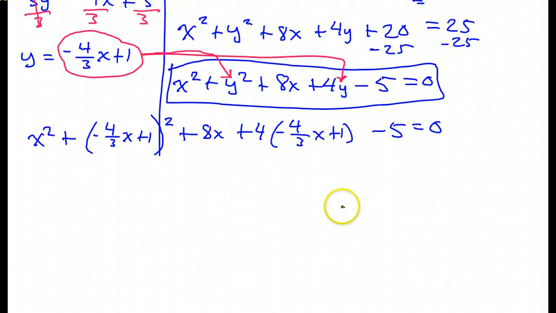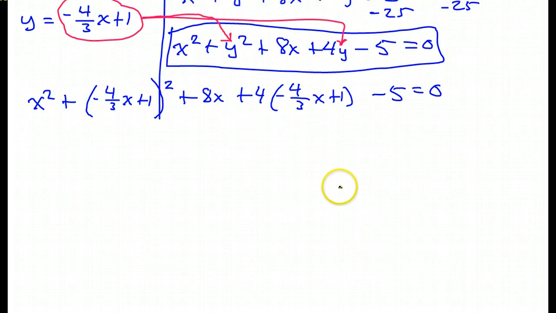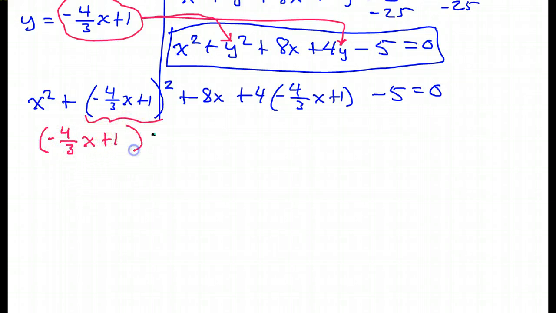Okay, man, this is what I have to work with. So let's focus on this part right here. I'm going to have to do negative 4 over 3 x plus 1 times negative 4 over 3 x plus 1.